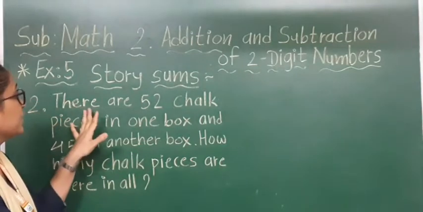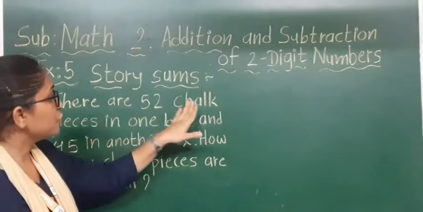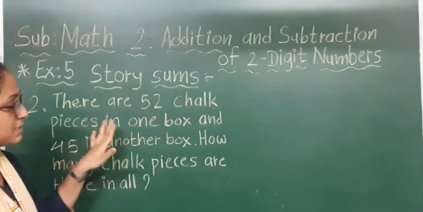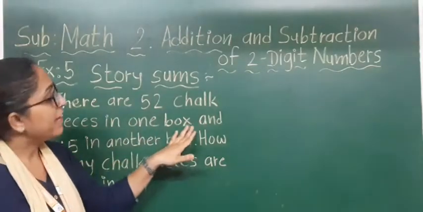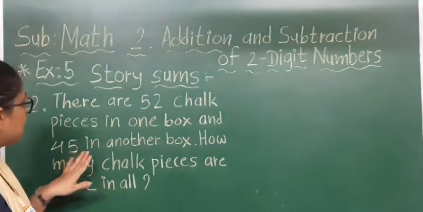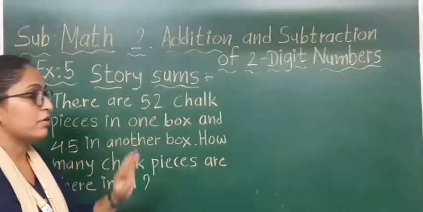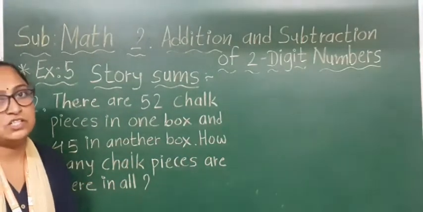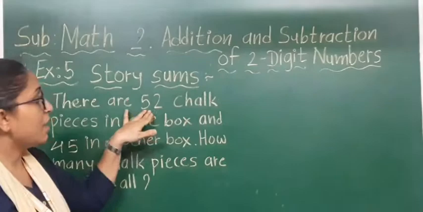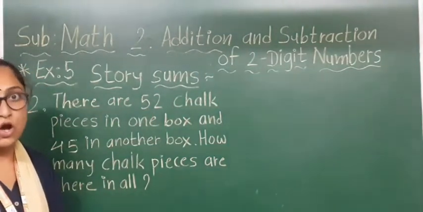Number 2. There are 52 chalk pieces in one box and 45 in another box. So here in this question we have been given the information about the number of chalks, right?